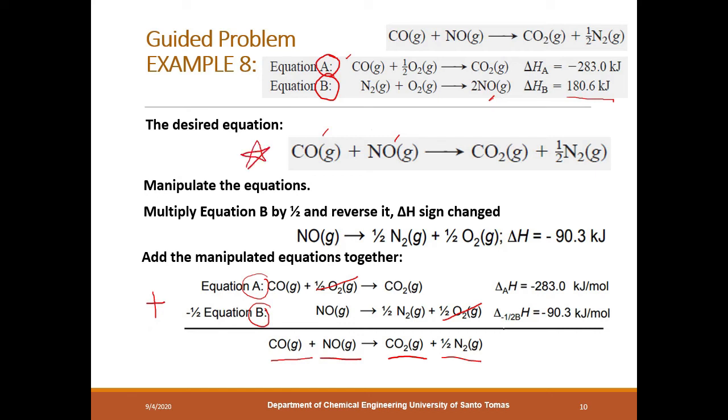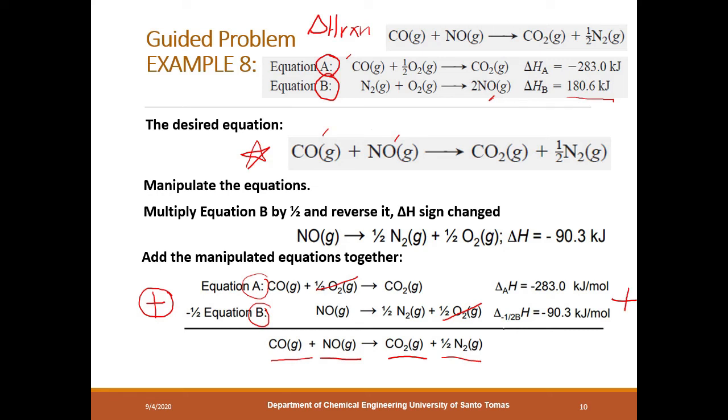Now this problem actually requires us to compute for the heat of the reaction for this given or desired equation. So how do we do that? What we will be doing is, from equations A and B, since we added them together, we will also be adding their respective heats of reaction.